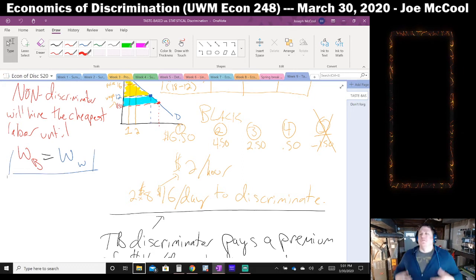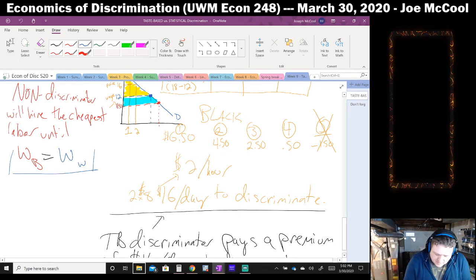Okay, so as there are fewer and fewer black workers who will work for less money, eventually we'll get to the point where you will hire enough of them that this wage will equal this wage in a non-discriminating case.